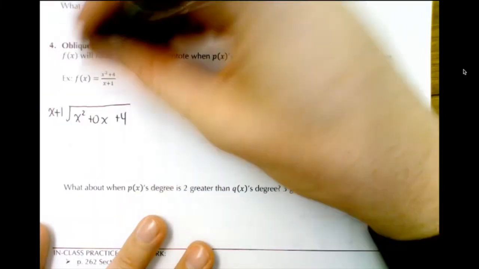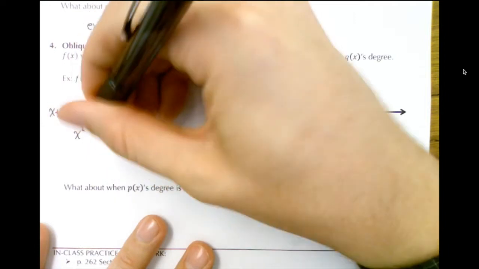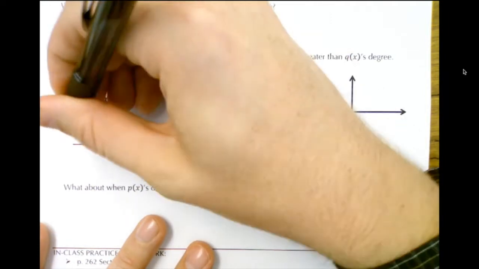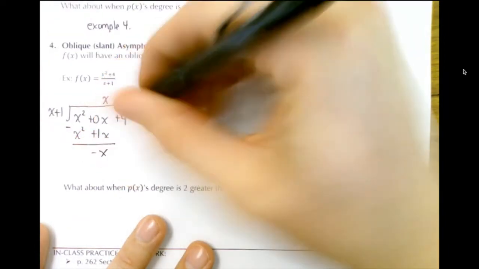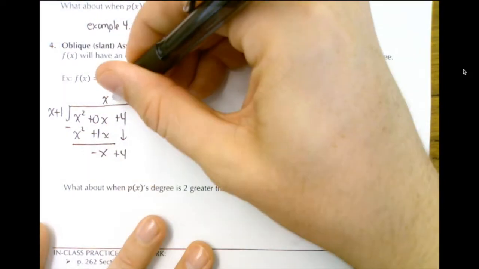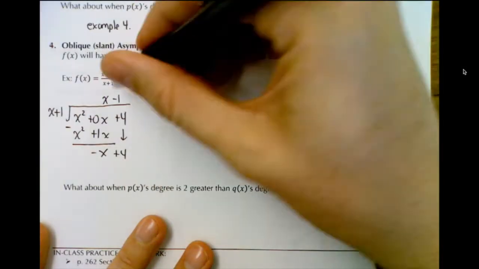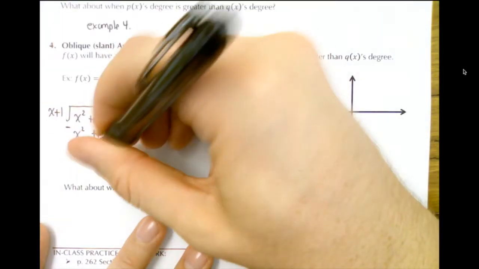X plus 1 goes into x squared plus 0x x times, which leaves us with x squared plus 1x. If we subtract down the columns, we get negative x. Bring down the 4, we get plus 4. And now we're looking at negative 1 is how many times x plus 1 goes into negative x plus 4. Negative 1 times x is negative x.